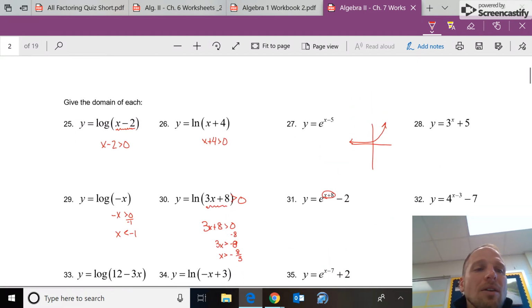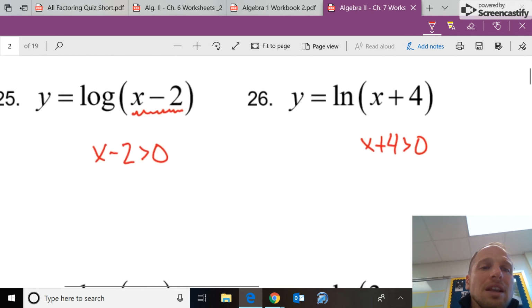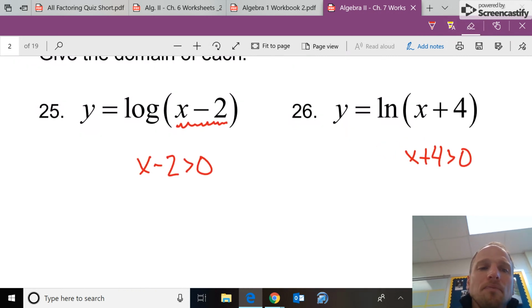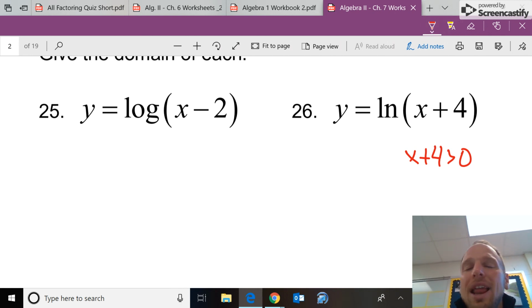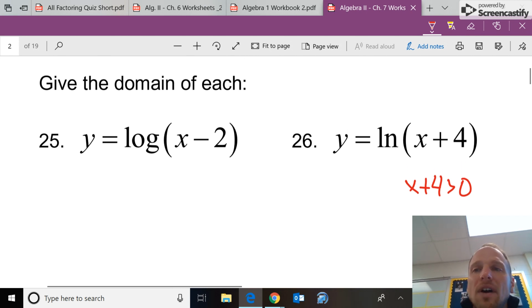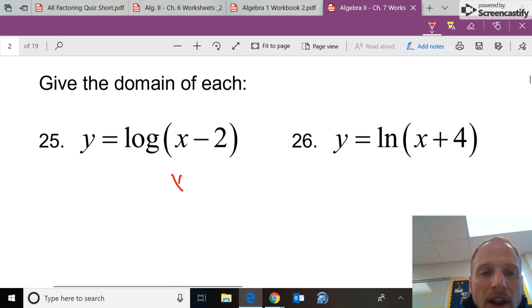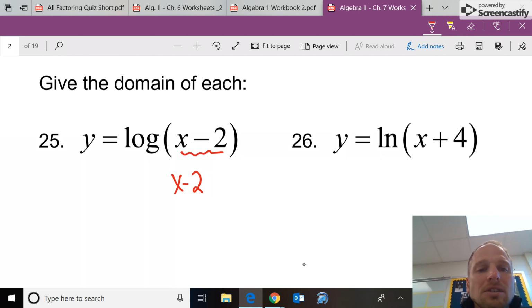All right, now let's talk about the domains of these. Now you've seen that we can't take the log of any number. If we're going to take a log, it has to be greater than 0. So if I want to find the domain of this one, it's not going to be too bad. All I need to do is say x minus 2, whatever that is, has to be greater than 0, and then solve it.